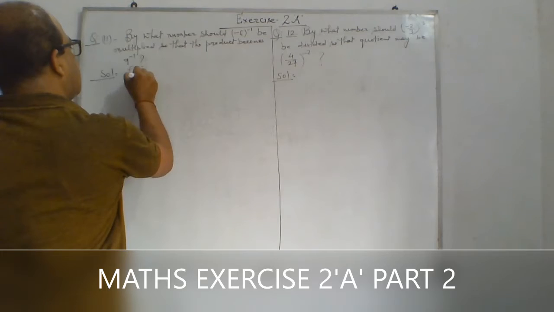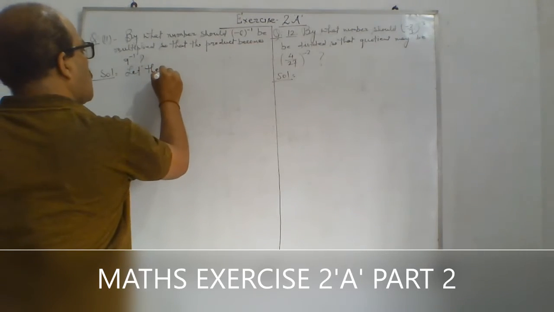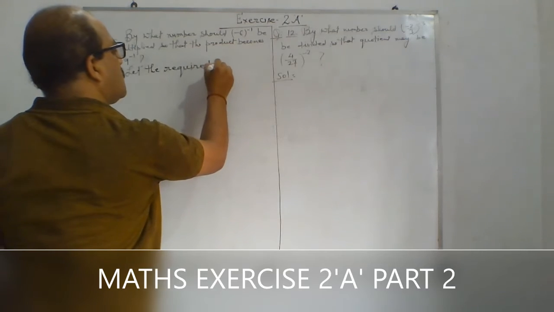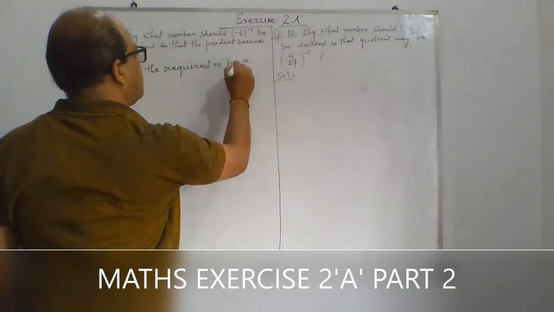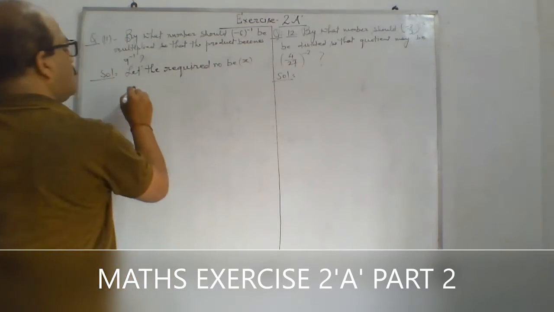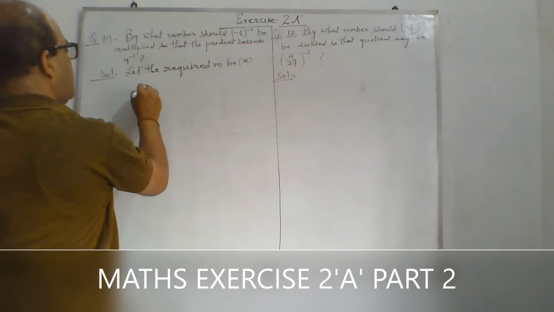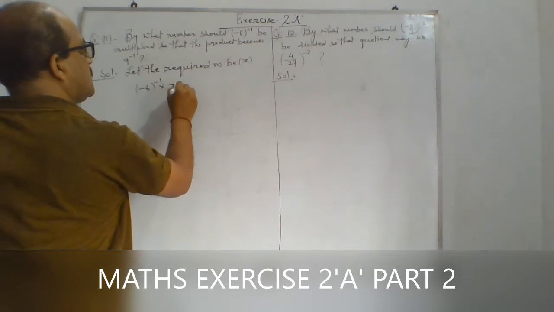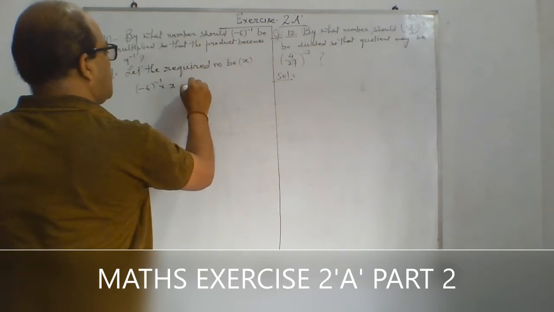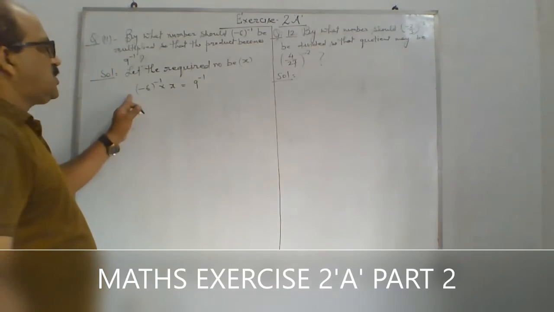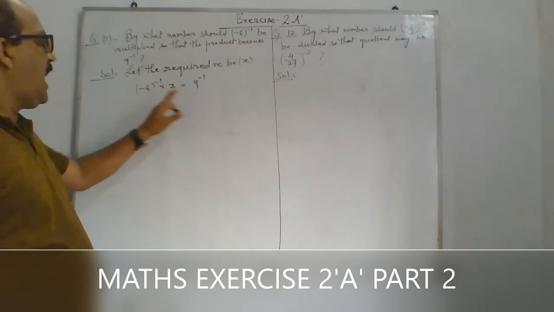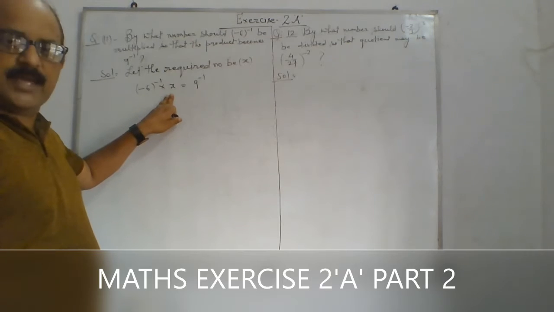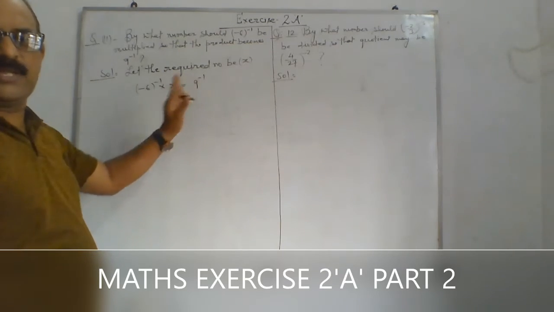So let the required number be x. (-6)^-1 into x. So the product becomes this one, the question. And here we have to simplify the value of x. We will get the answer.